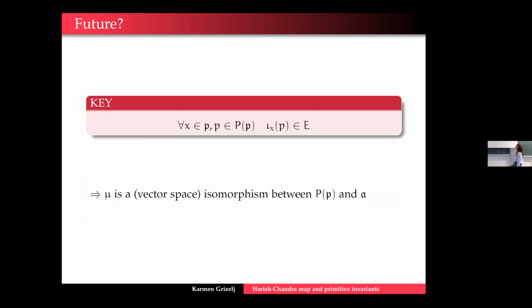But once we manage to prove that, and I am quite positive we will, because in small examples it turned out to be true, then I know a proof that a corollary of this one is the same thing Baslog had, that the Harish-Chandra map is actually a bijection between primitive invariants and A being the abelian part of P. So yeah, now this P, and once I can remove this T and write theorem, I'm going to get my PhD, I think.